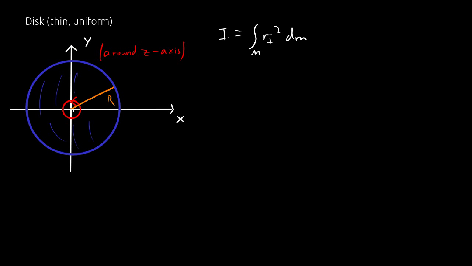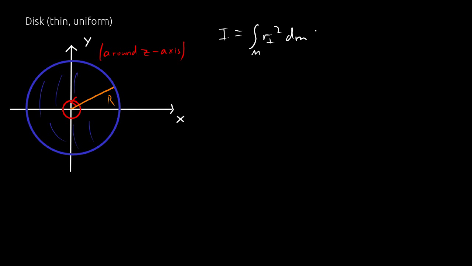We have first a very small ring, then we add a little bigger ring, and these rings are getting bigger and bigger, up to the point that it's just going to have the radius capital R here. And we're adding the surface area of all those rings, and then we're left with the surface area of the whole thing, and we need that to calculate the moment of inertia, right?